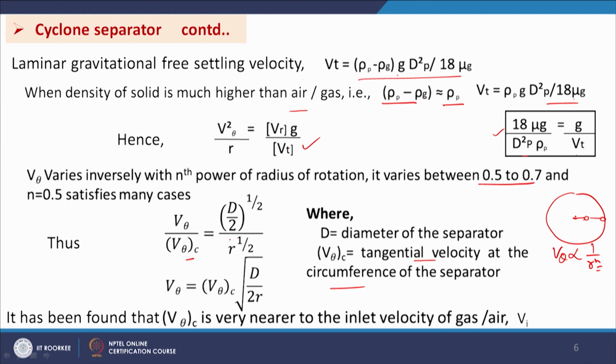So, V theta by V theta c is equal to (d by 2) to the power half by r to the power half, or V theta is equal to V theta c into root of d by 2r. So, this expression we are getting.